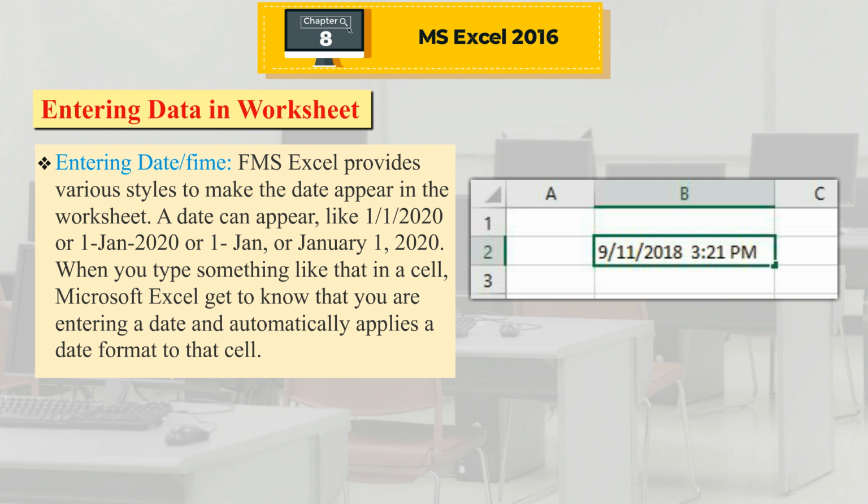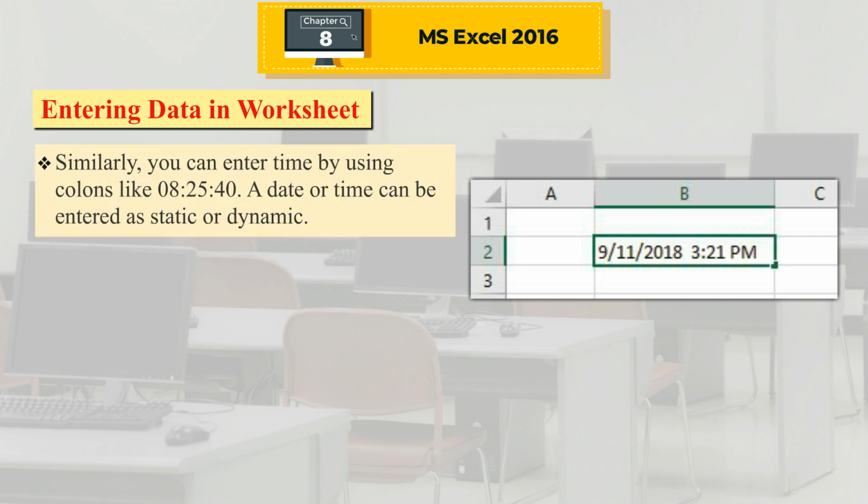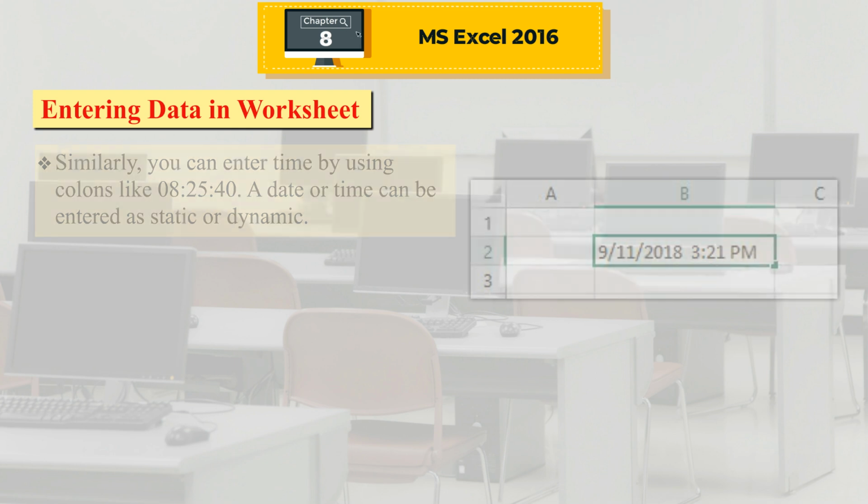When you type something like that in a cell, Microsoft Excel gets to know that you are entering a date and automatically applies a date format to that cell. Similarly, you can enter time by using colons like 8:25:40. A date or time can be entered as static or dynamic.